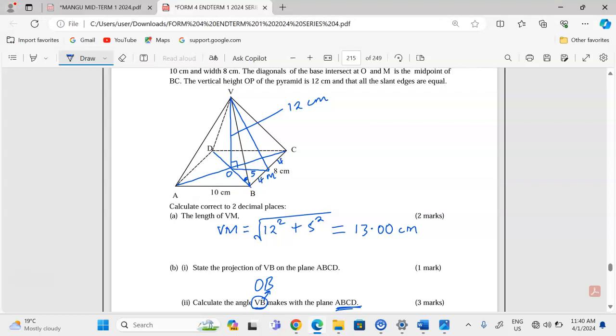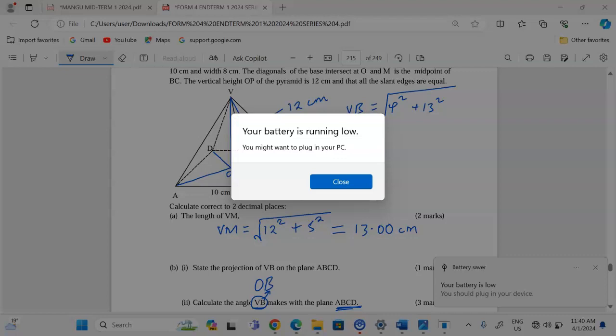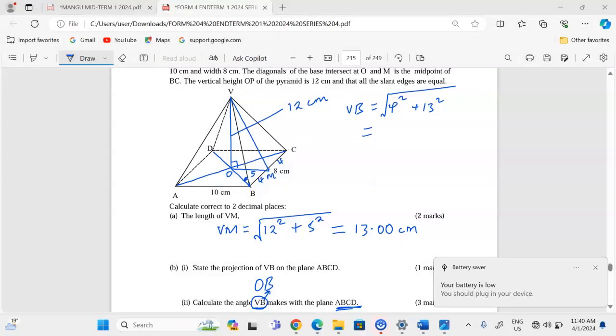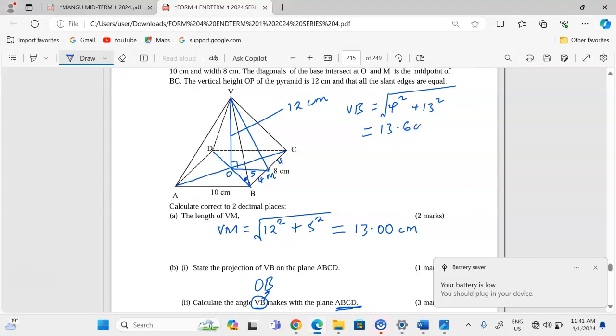So the length VB is given by the square root of 4 squared plus 13 squared. I'm going to get 13.60 centimeters.